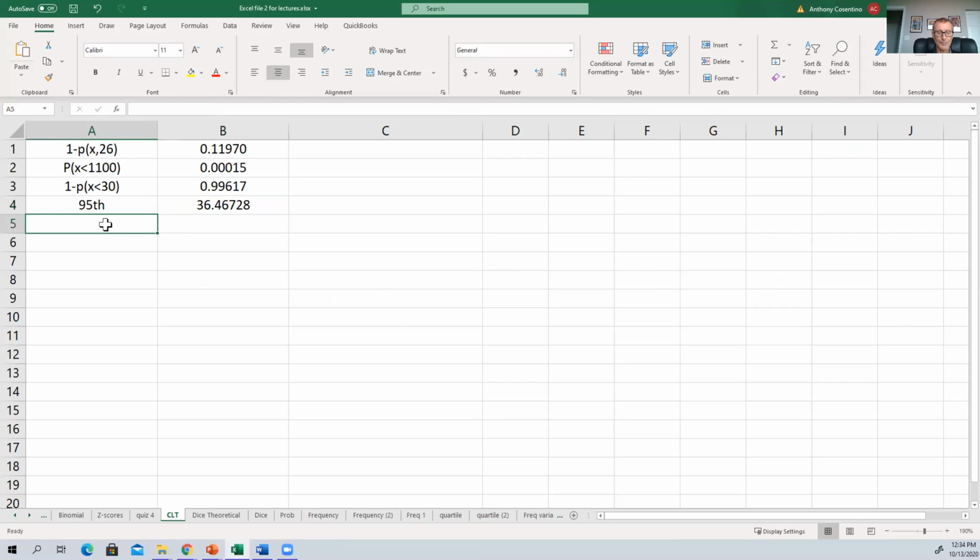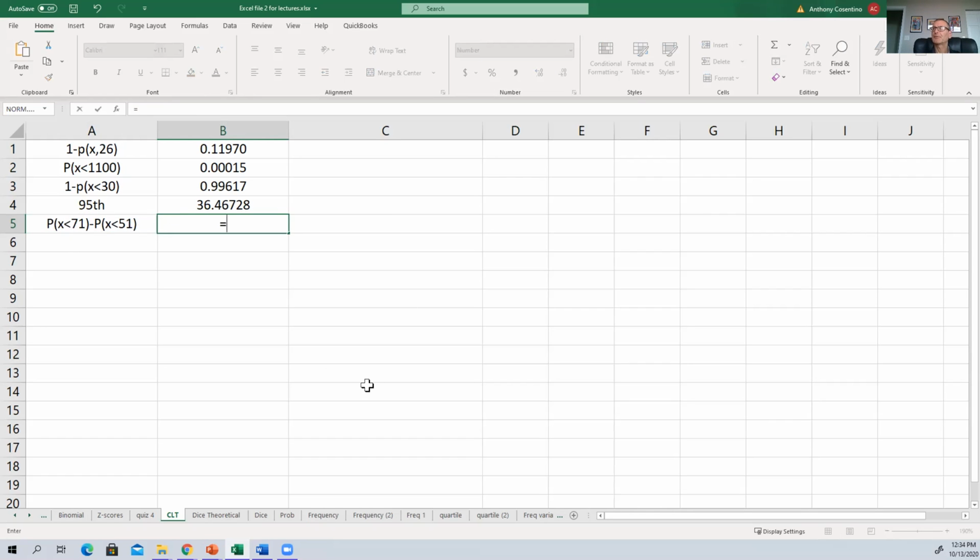we're going to do the probability of x being less than 71 minus the probability of x being less than 51. We could just do it in one cell and do the subtraction.